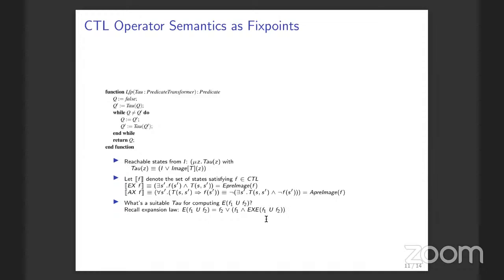We didn't dwell too much on this. This is actually a way of recursively defining the set of states that E of F1 until F2 ought to satisfy. Now this gives you an idea of what the tau should be, whose fixed point will represent the set of states that satisfy F1 until F2.